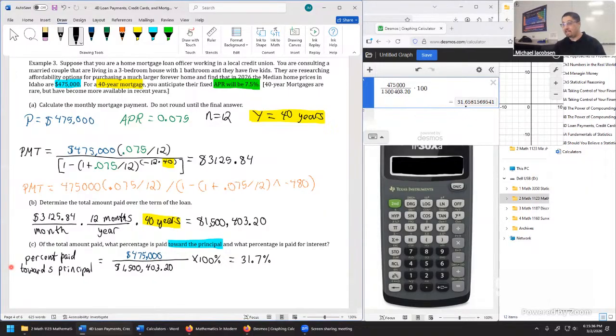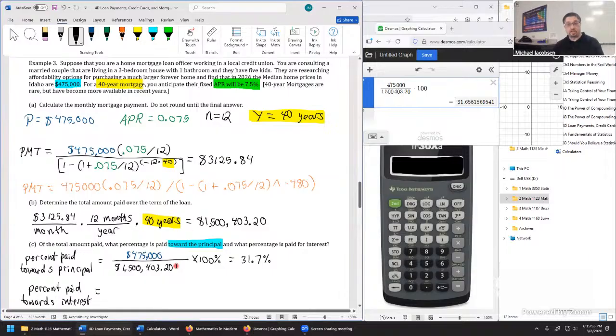And so now that gives us immediately percent paid towards interest. Here, we don't have to work as hard as we did on the first one, because there's only two sources this money is going towards. Either it's the principal or the interest.